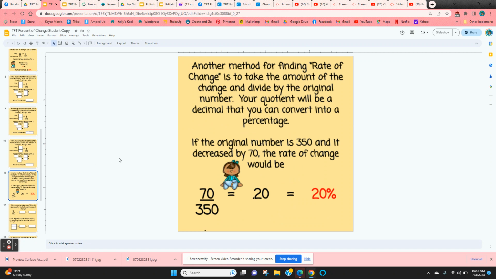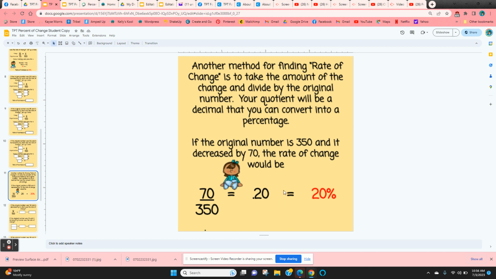Now another way to do this with a calculator would be just to take the amount of change, divide by the original number. So let me say that again. The change divided by the original number. So if the original number is 350, it decreased by 70. We have 70 divided by 350.